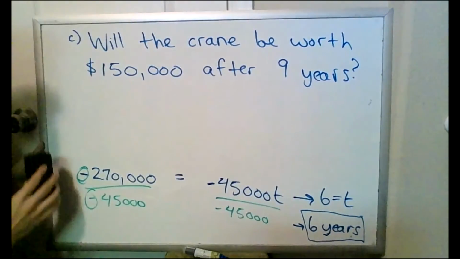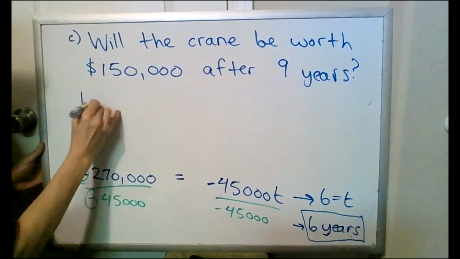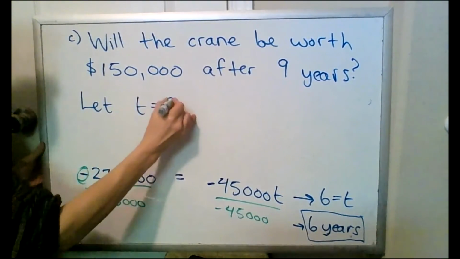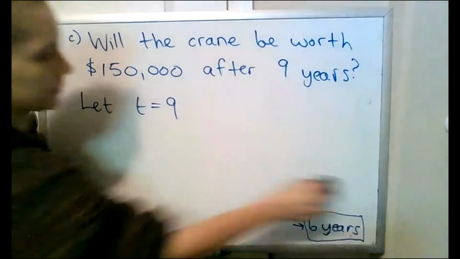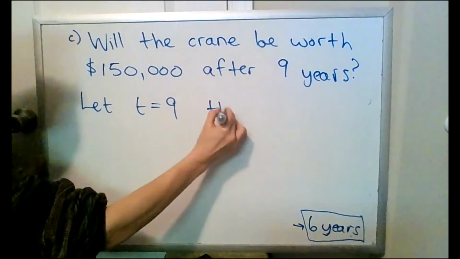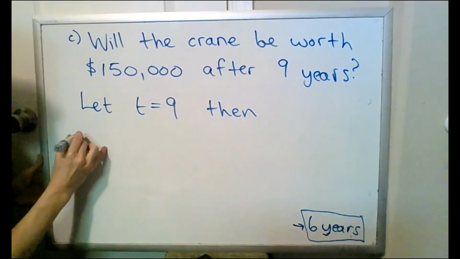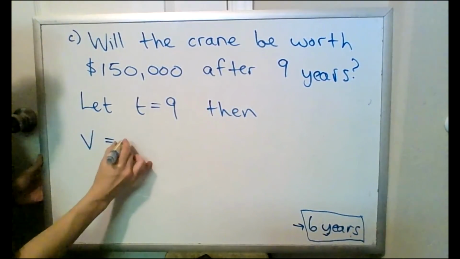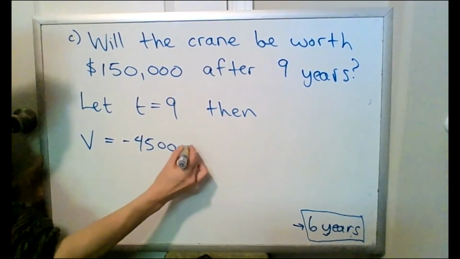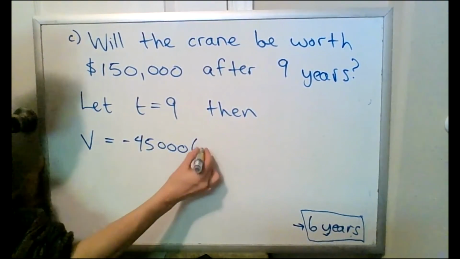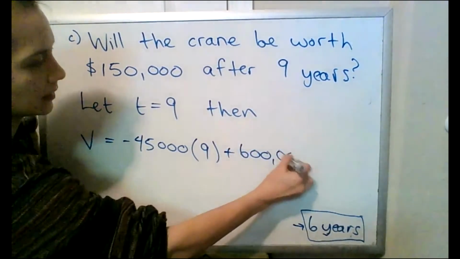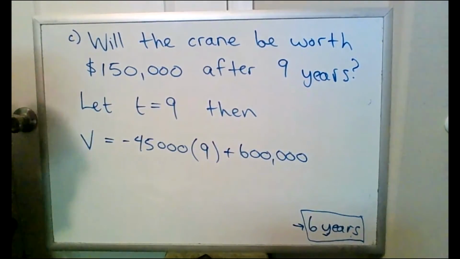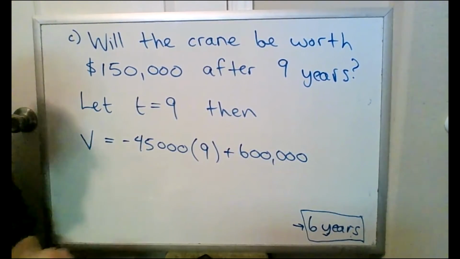Okay, let's see. The formula for the value is negative 45,000, and we're putting in 9 for the time t, and then add 600,000. I worked on this earlier, but let me know if you get a different number.